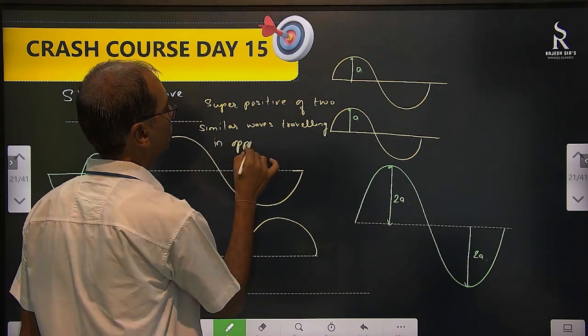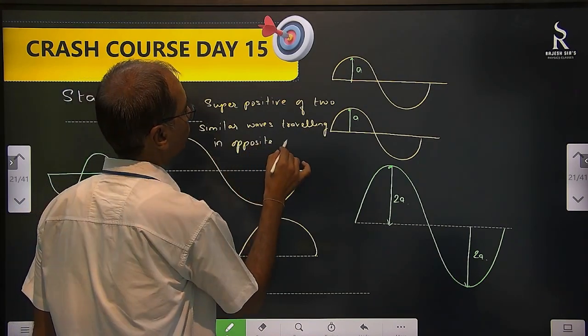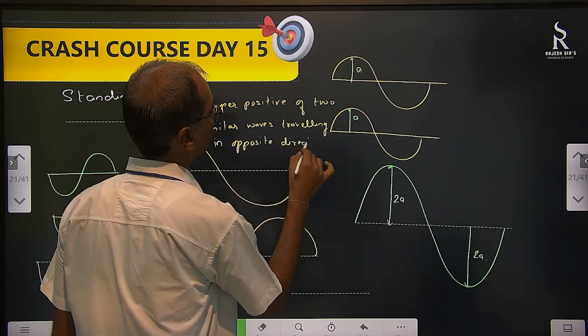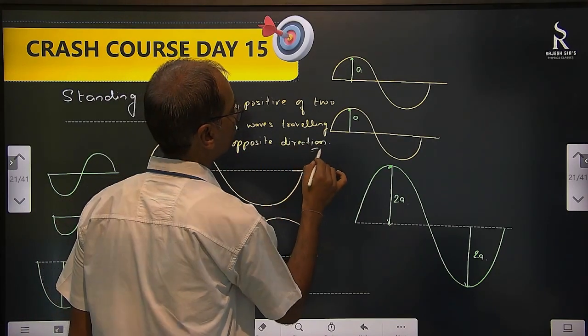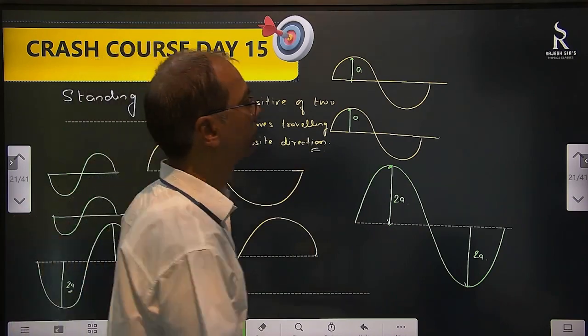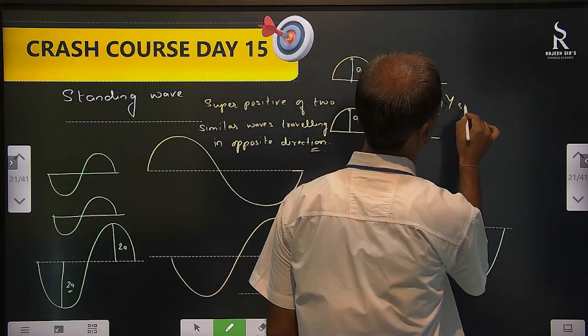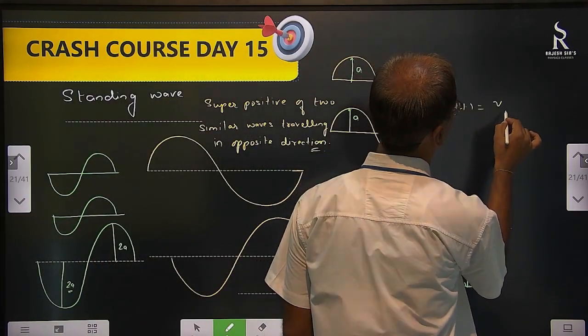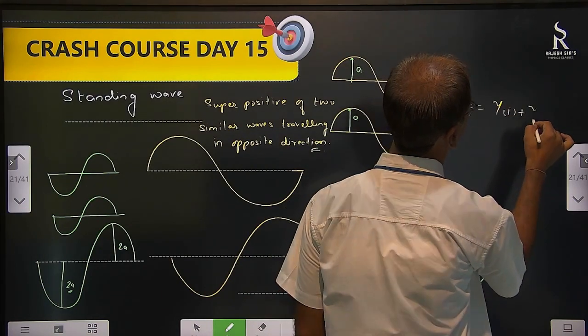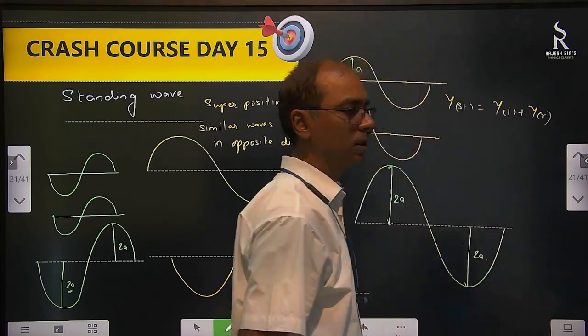So can we say that it is actually the superposition of the incident wave and its reflected wave? Yes, we can say that. A standing wave is actually the sum of the incident wave plus its reflected wave. It will give us a standing wave only.